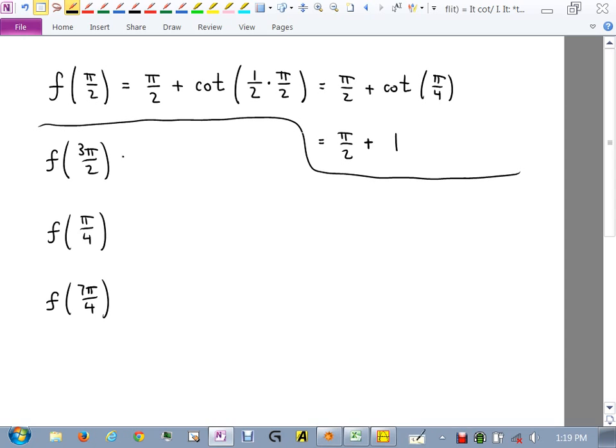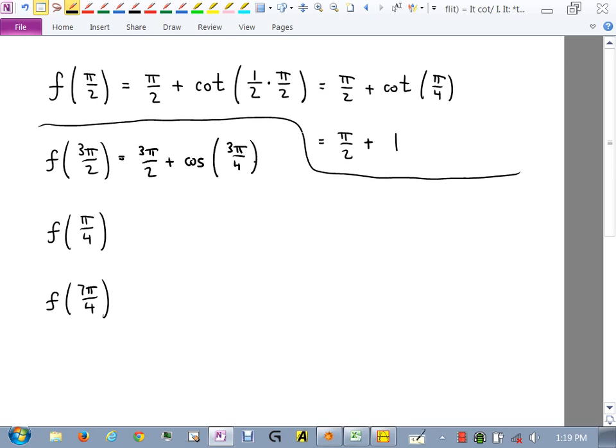Next one. 3 pi over 2 goes in first for t, plus, now what's cotangent of 3 pi over 4 when I plug 3 pi over 2 in there? So where's 3 pi over 4? Second quadrant. You're taking cotangent, which is the x-coordinate divided by the y-coordinate.